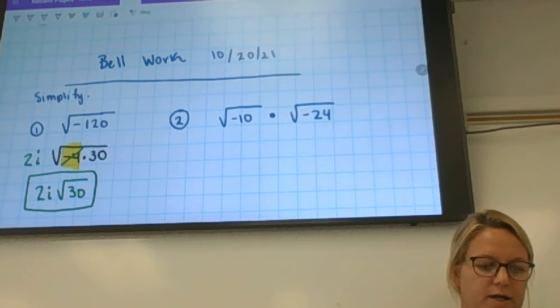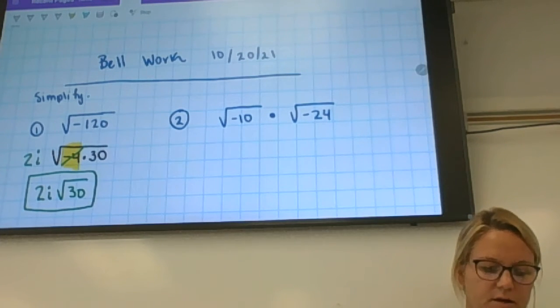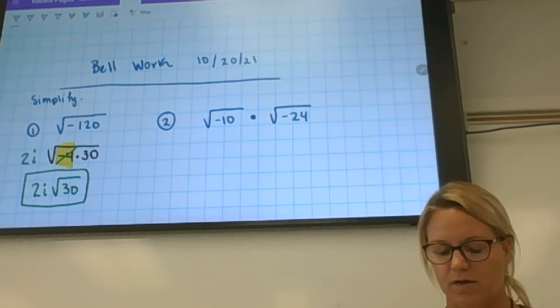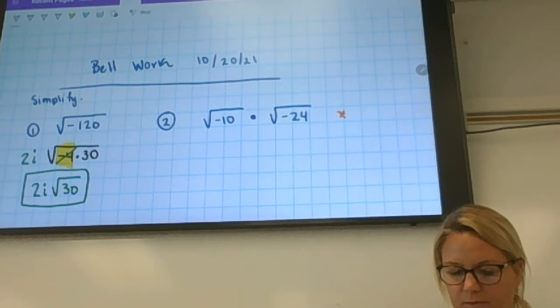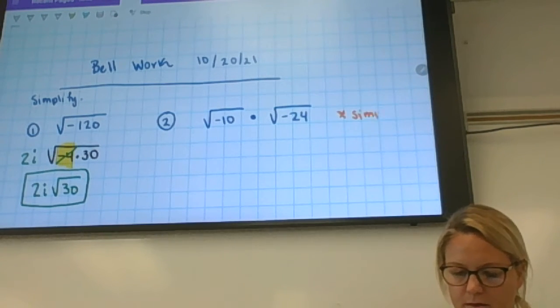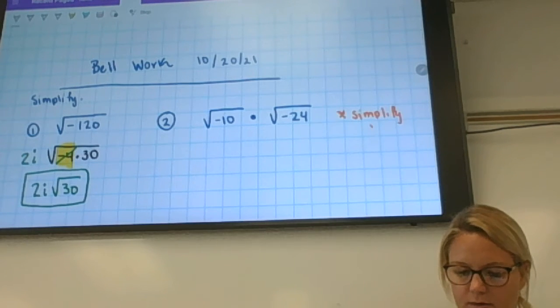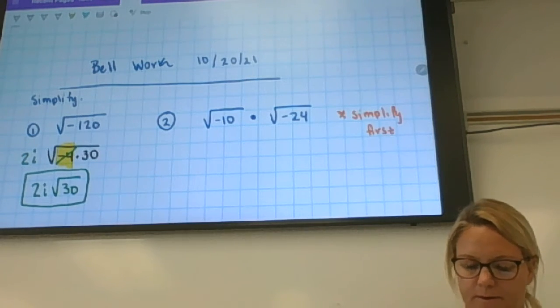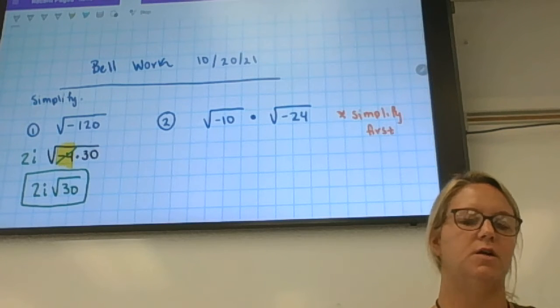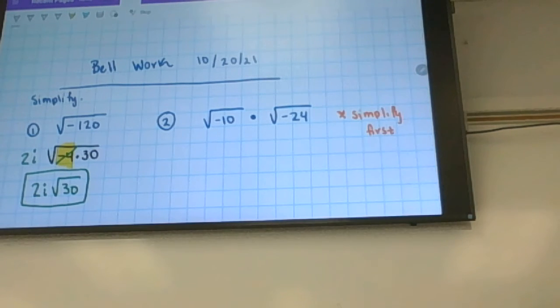When you're having to multiply radicals, particularly if they're negative, you want to simplify before you multiply. So 10 only divides by 2 and 5, and neither one of those will square root. But it's negative, so I will simplify by putting an i out front and making it into a real number.